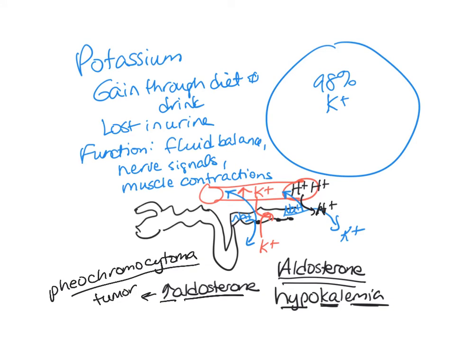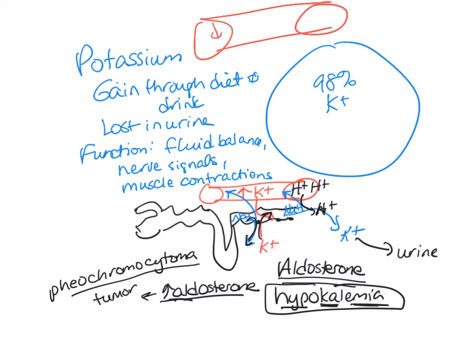So that's a pretty rare tumor, but it will cause the adrenal cortex to increase the production of aldosterone. So more sodium is reabsorbed, and at the same time potassium is secreted, and then potassium is lost in the urine, and that leads to hypokalemia. So a decrease in potassium in the blood.